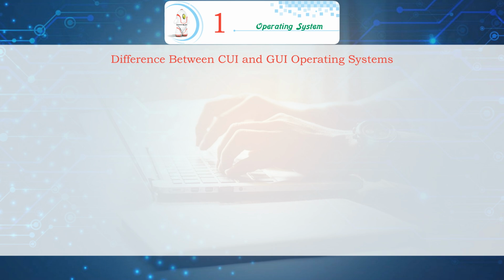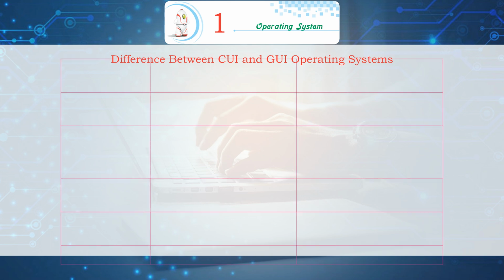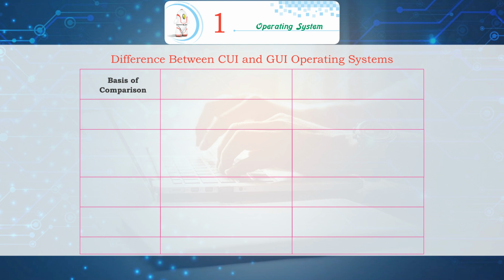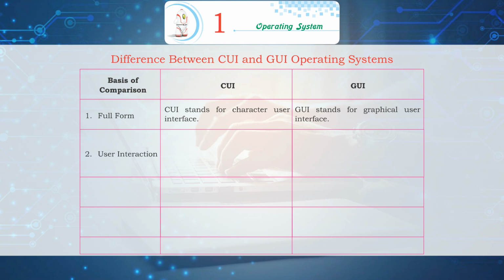Difference between CUI and GUI operating systems. Basis of comparison: CUI, GUI. Full form: CUI stands for Character User Interface. GUI stands for Graphical User Interface.